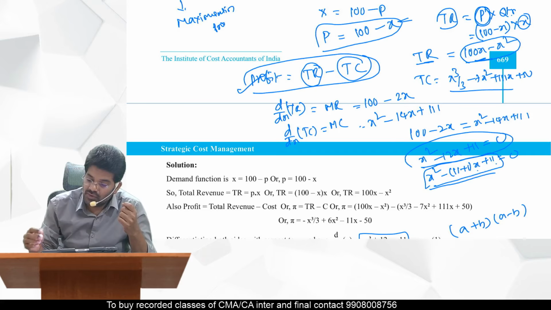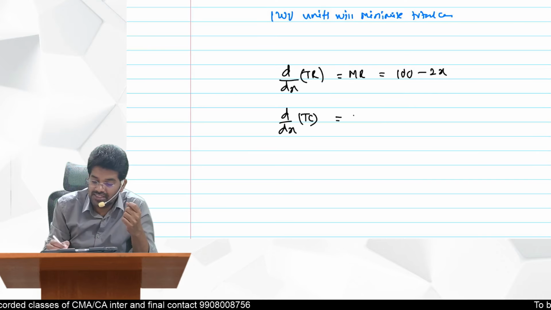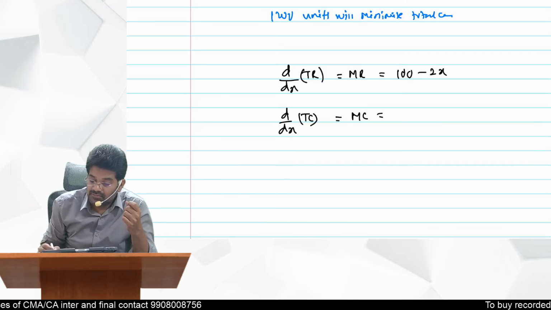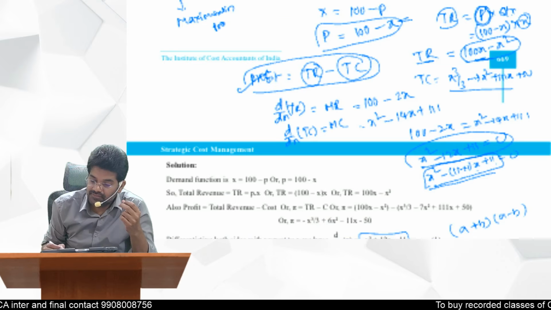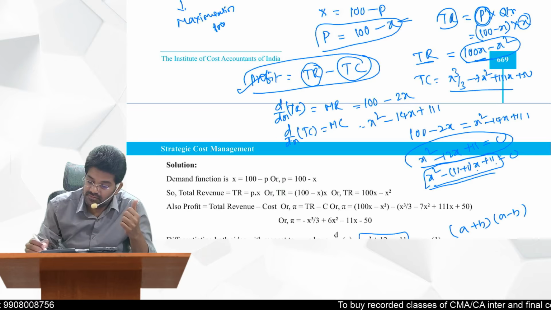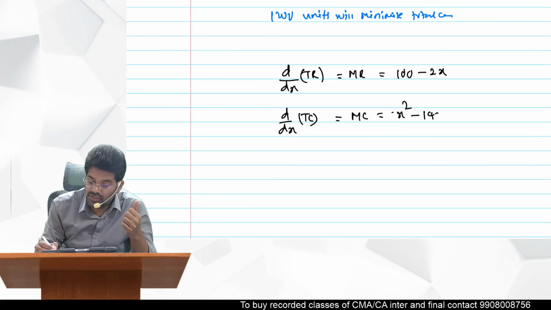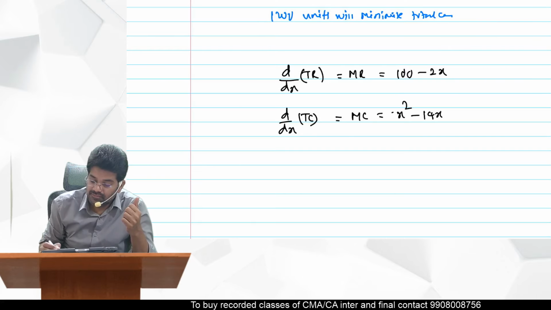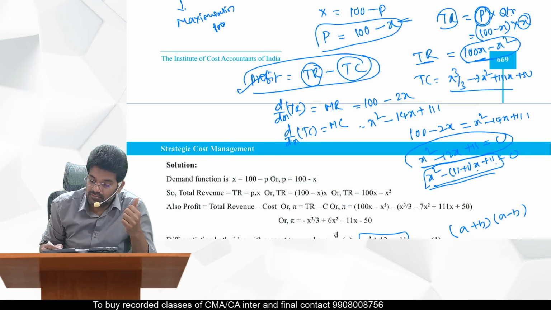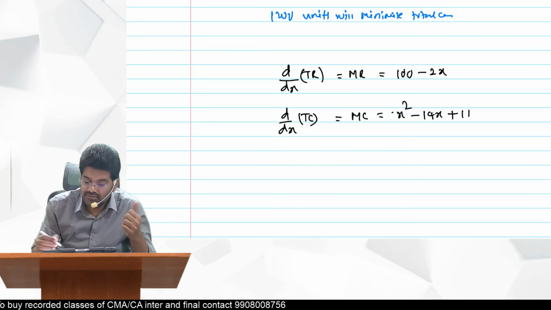Then d by dx of total cost, which is also called MC, we got x square minus 14x plus 11. This is what I got.